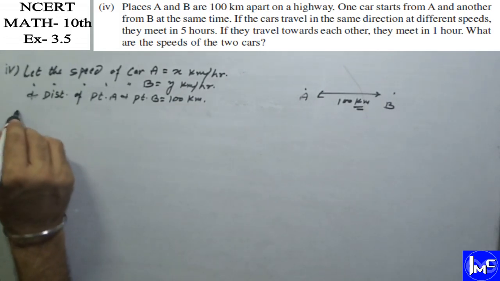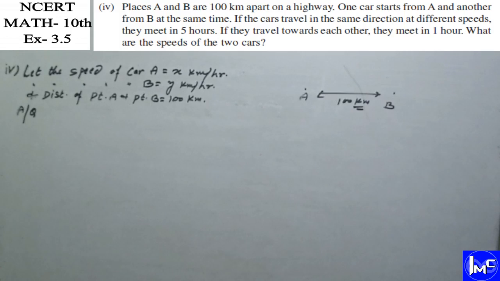Now we come to the first condition. In this condition, they are saying one car starts from A and another from B at the same time, and the cars travel in the same direction.